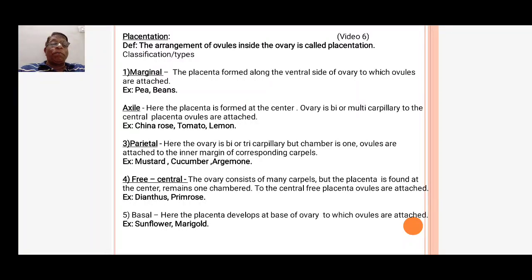In this type of placentation, the ovary is bi- or tricarpellary, but unilocular. Ovules are attached to the inner margin of the corresponding carpels. Such a type is called parietal placentation.